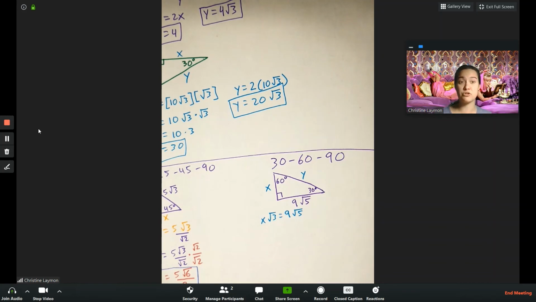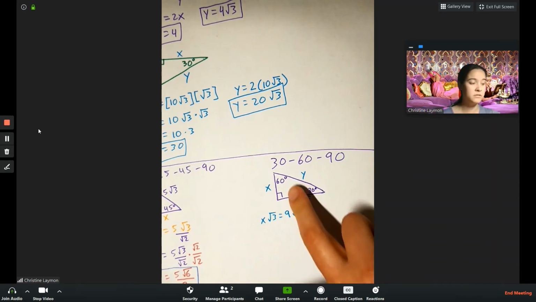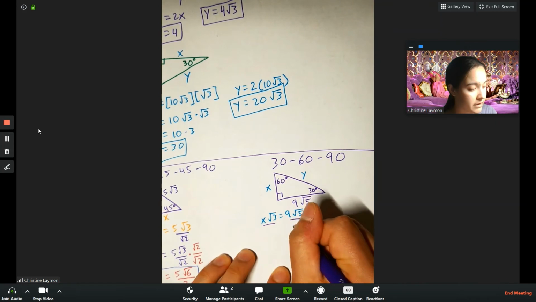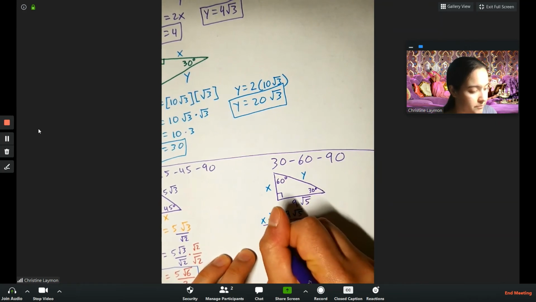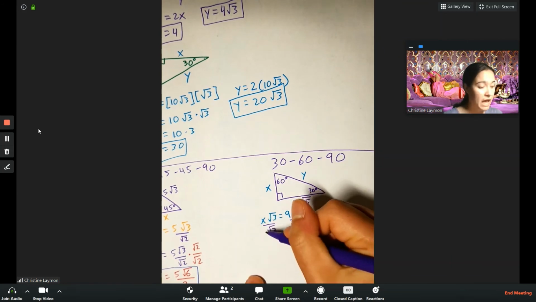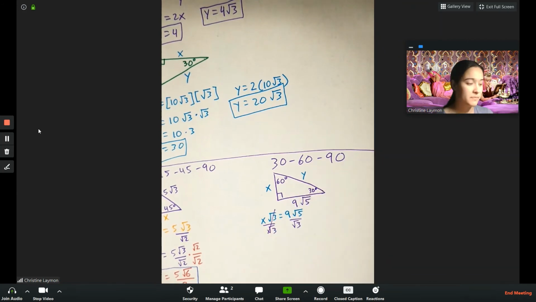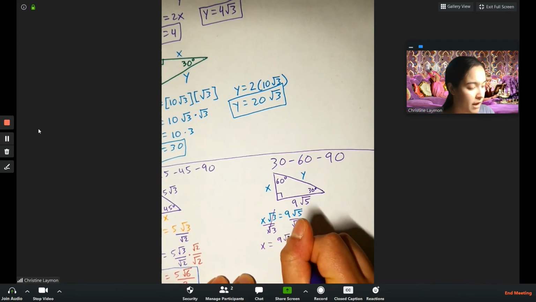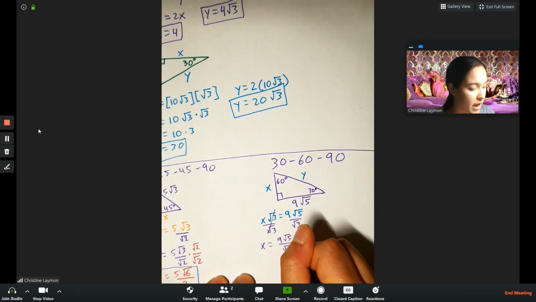Again, those are from our shortcuts. The medium side, opposite the 60, is equal to the shortest times root 3. We've got to get x by itself. Divide both sides by radical 3. When I've done that, the radical 3's have canceled out on the left-hand side. I am left with x equals 9 radical 5 over radical 3.